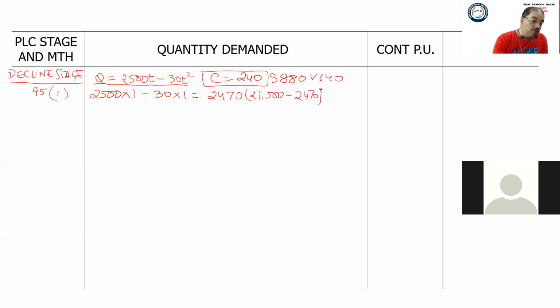You'll get 19,030. I'm doing this only for the first time. After that, you have to do it directly. 21,500 minus 2,470 will give you 19,030. And what is my contribution now? 240. Now multiply 19,030 into 240. 45,67,200.